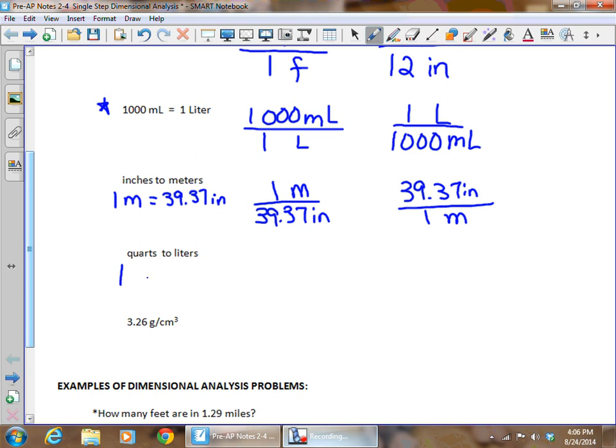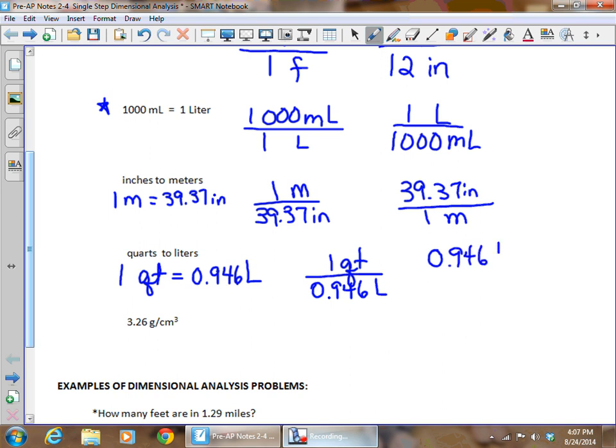So 1 quart is equal to 0.946 liters. And that's what you're going to use for your conversion factors. Simply write those as a ratio, 1 quart over 0.946 liters, or 0.946 liters over 1 quart.